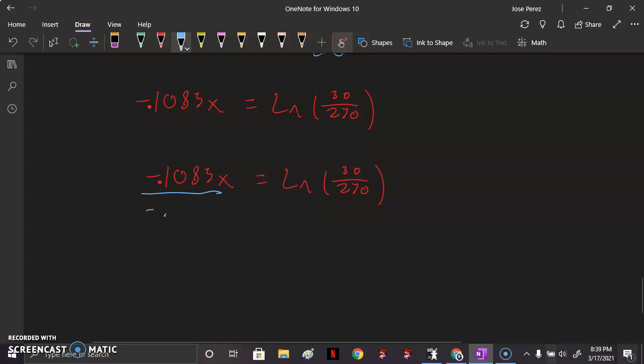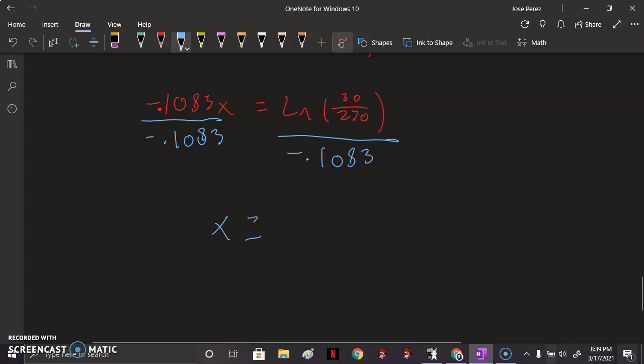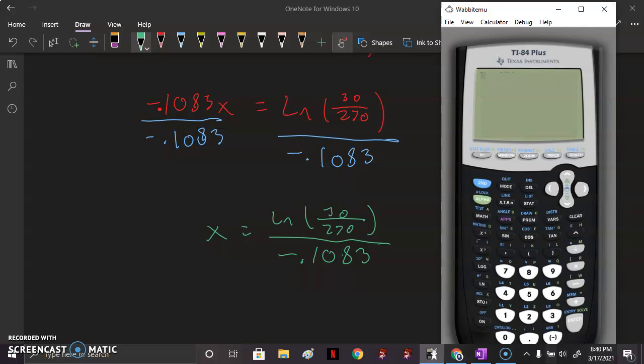So we get negative 0.1083 over negative 0.1083, and we will get x is equal to ln of 30 over 270 over negative 0.1083.